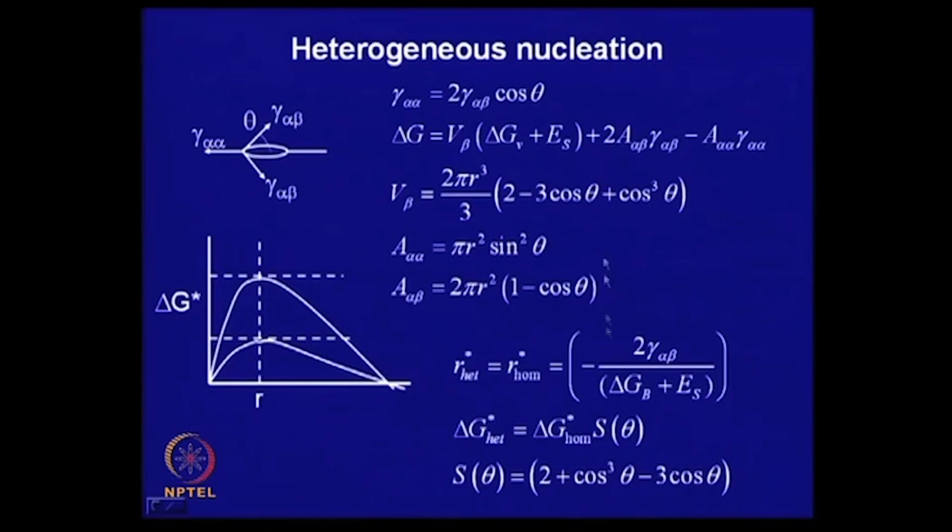If you go through the steps, you can show that the dimension, the expression for heterogeneous and homogeneous nucleation, will be exactly the same. So, whether it is heterogeneous or homogeneous nucleation, the radius of this critical nucleus is the same.